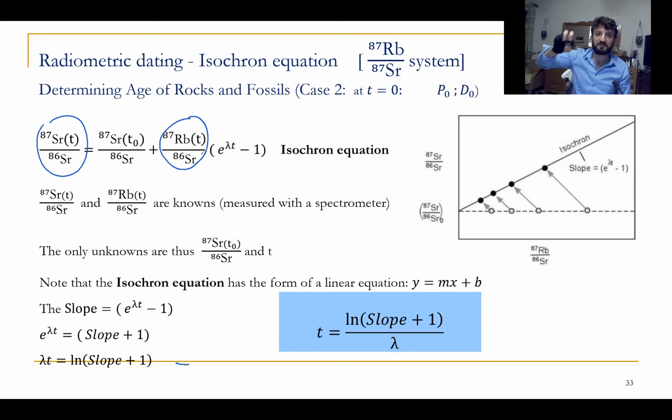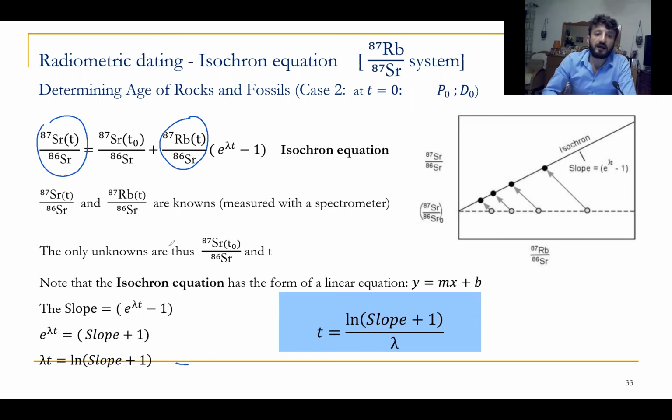We can capture the emission of strontium 87 and calculate the mass of these terms. We will talk about the mass spectrometer in the last chapter, how this device can determine the mass of any element.